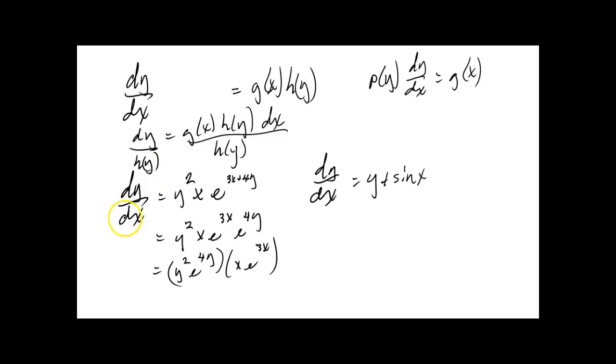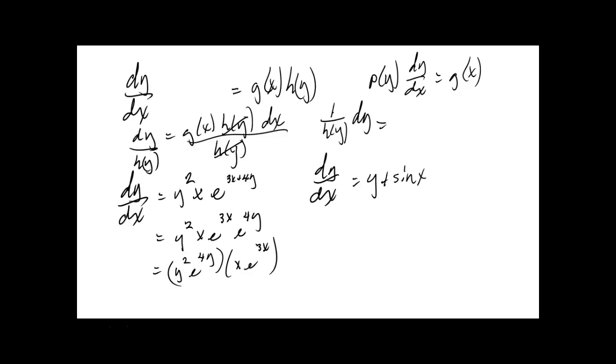That gets rid of your h of y there. Now you've separated the variables. That's why we call it separable. You have one function over here, 1 over h of y dy is equal to g of x dx. And guess what we do then?